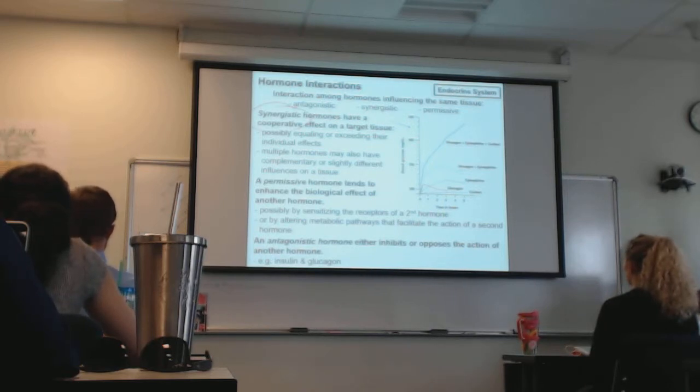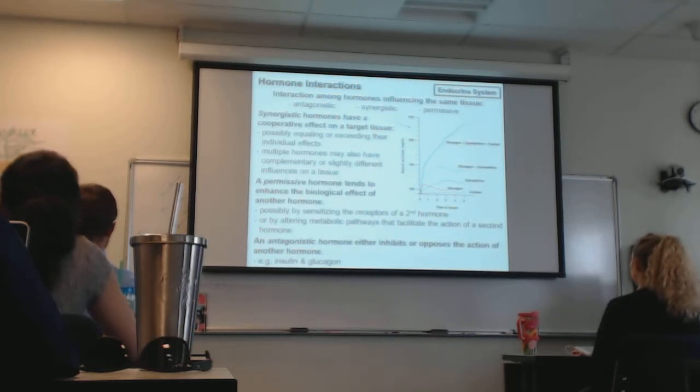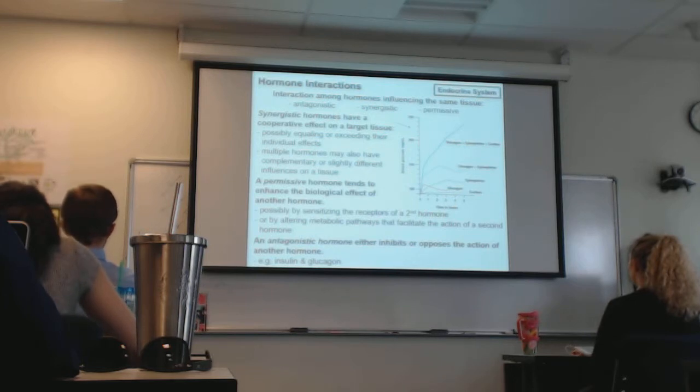Synergistic effects are a little bit more difficult to describe. If you look at the figure on the right, we have blood glucose concentration in milligrams per deciliter over time. What you'll notice is that when you introduce cortisol into the patient, their blood glucose level increases a little bit over time. Same thing with epinephrine, except it's an even more extensive response.